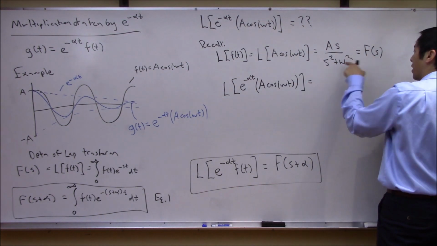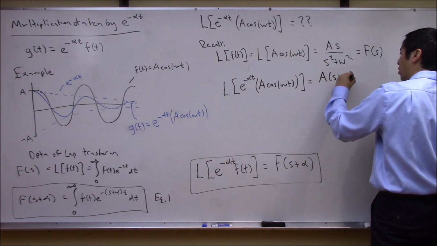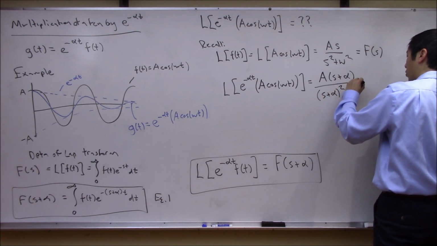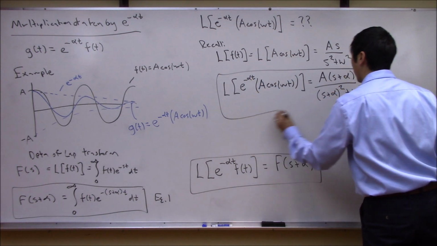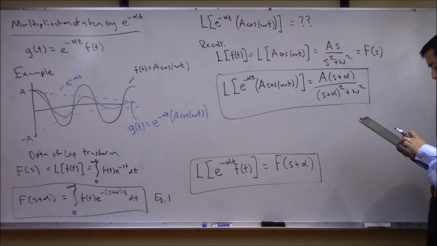Everywhere you see an s, replace it with s plus alpha. So now it's s plus alpha all over s plus alpha squared plus omega squared. So there you go, right? So instead of having to do all of that actual integral, you can just apply the rule and we're off to the races.